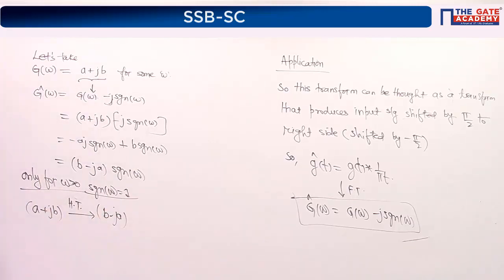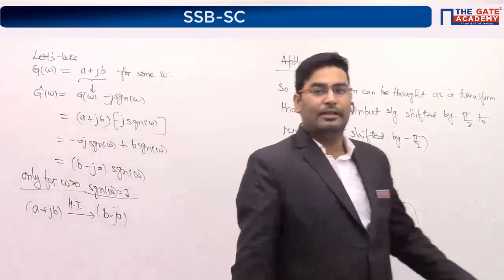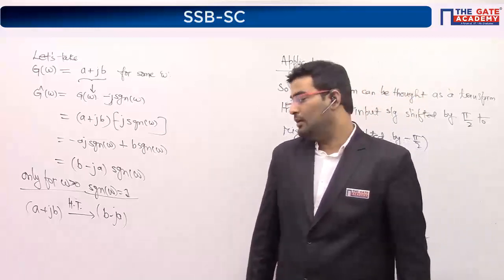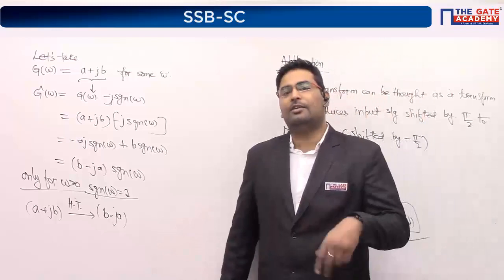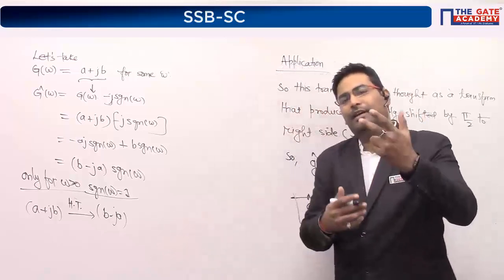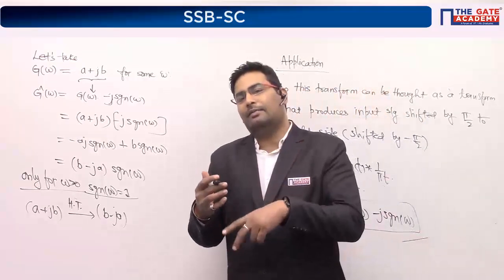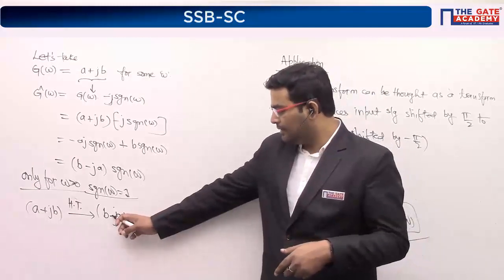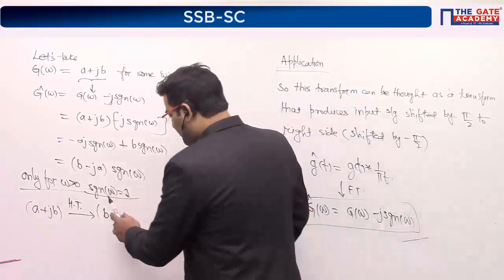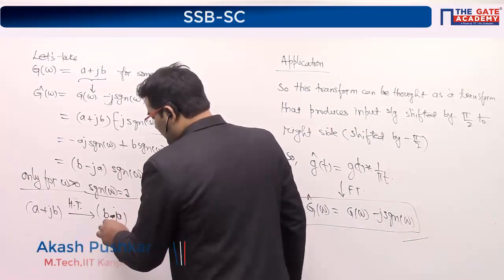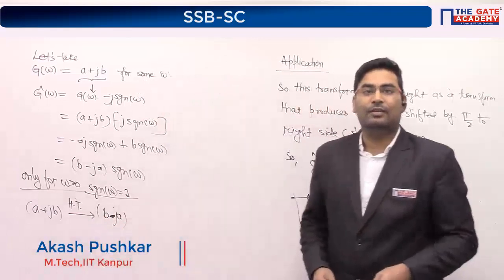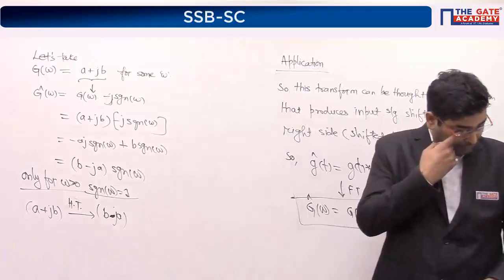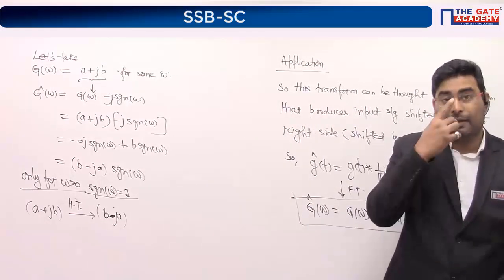Look at the beauty. You are taking a plus jb and you are getting b minus ja. Clear? Now can I say that the Hilbert transform swaps the real part with the imaginary part, with a change in sign of the imaginary part? Can you see that? Plus has become minus. So that is one application, guys. Yes or no? I don't think you have ever seen this. It's a clear mathematical application.